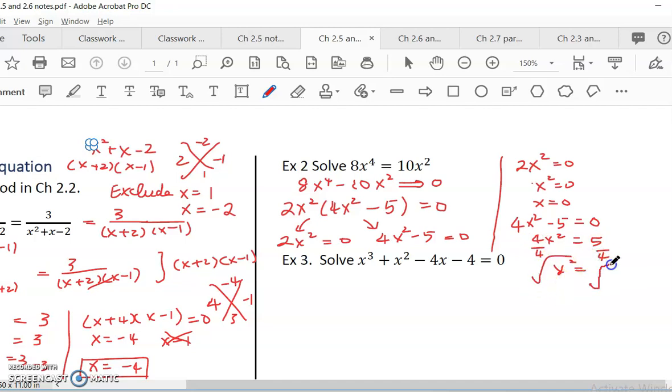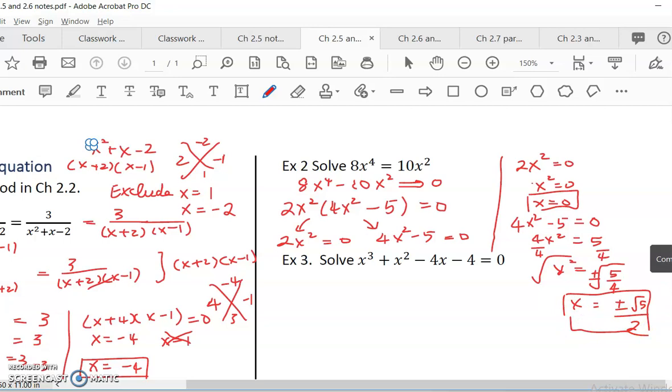Take square root, but this side has to do plus and minus. So I would have x is equal to plus and minus square root 5 over square root 4 is 2. And I do not need to rationalize in this case because the denominator is done. So I have 3 solutions, x equal to 0, x equal to plus and minus square root 5 over 2.